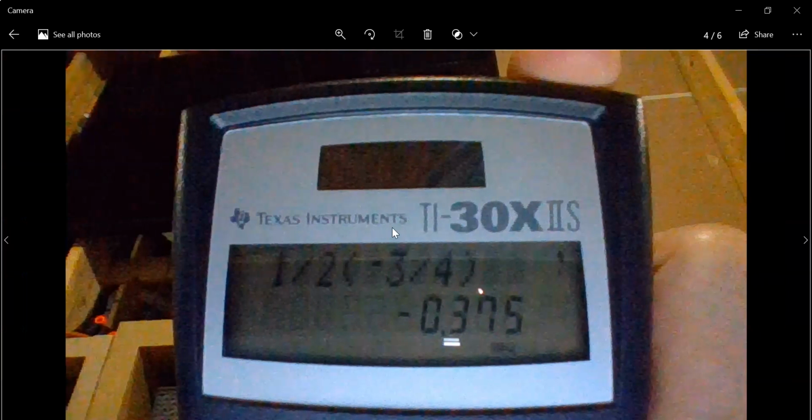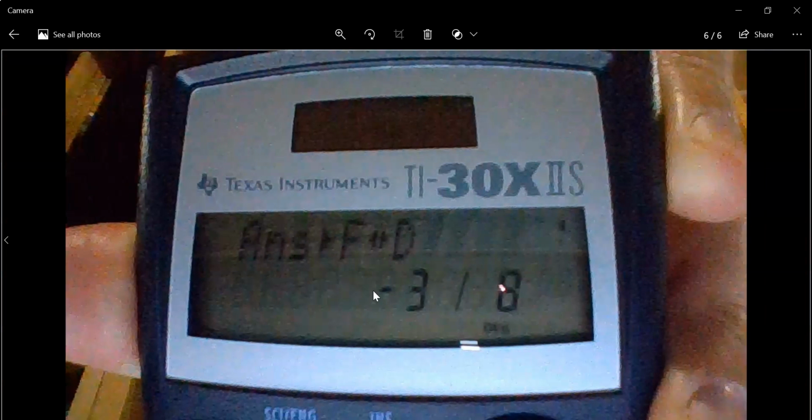And so you'll get to this screen, then you'll hit that second FD, and your screen will look like this. It takes that answer, which was negative 0.375, switches it between a fraction and a decimal, and you get -3/8. So that is the fraction form of the answer.